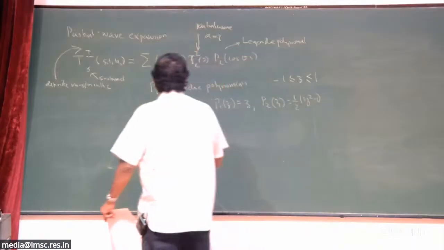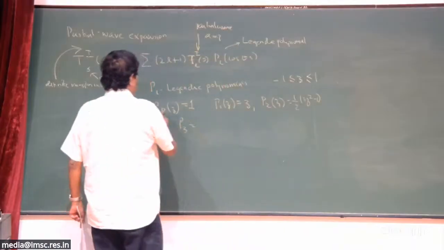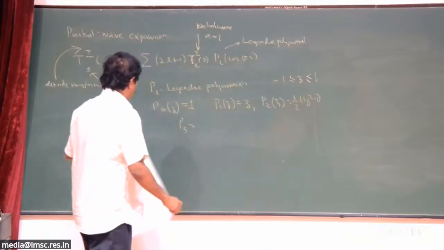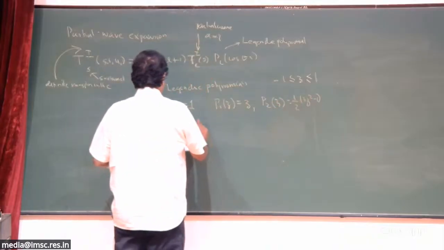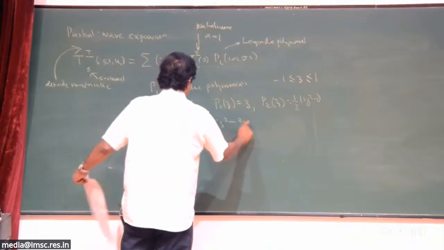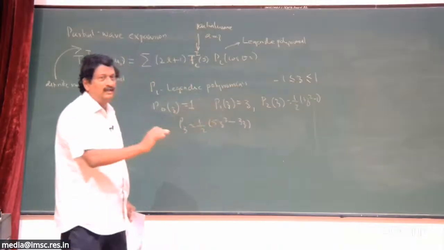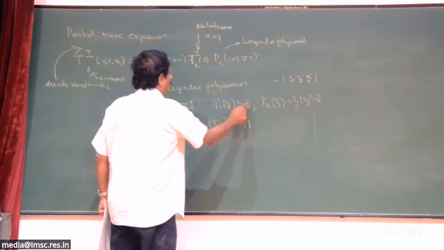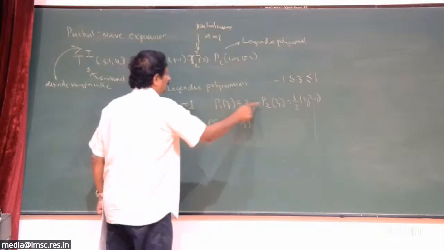So as you can see, L determines the highest power of Z. Okay. So P3 of Z is half of 5Z cubed minus 3Z. It also has alternating parity and all these wonderful things. So this is odd, odd, this is even, even.